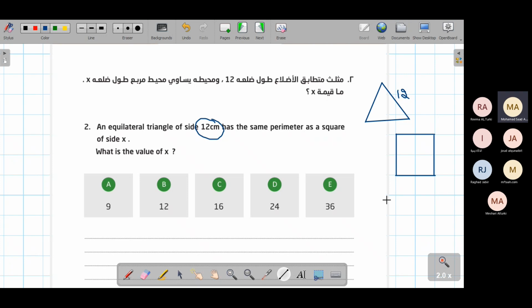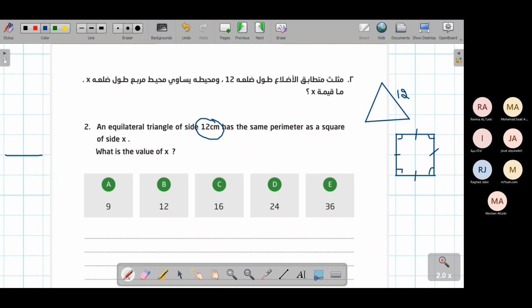The square has 4 equal sides plus 4 right angles. If I say only 4 right angles, it will not be the right answer, because the rectangle also has 4 right angles.